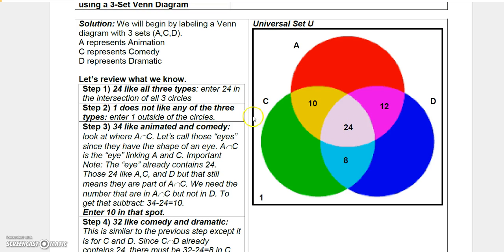All right, and then also we know that 32 like comedy and drama, so this I right here has to add up to 32, and again we've got 24 accounted for, so subtract 24 from 32, and there's 8 out here. So you have 8 that like comedy and drama but don't like animated, and then 24 like comedy and drama and animated.